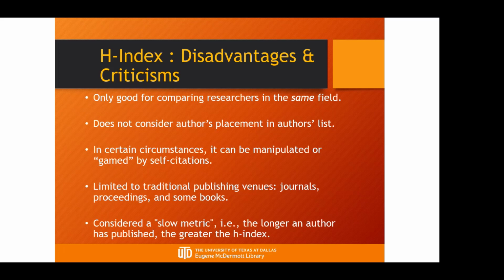So, to remedy these shortcomings, many in the A&H community subscribe to a philosophy of altmetrics, which looks beyond the narrow set of publications that is accounted for with the H index.